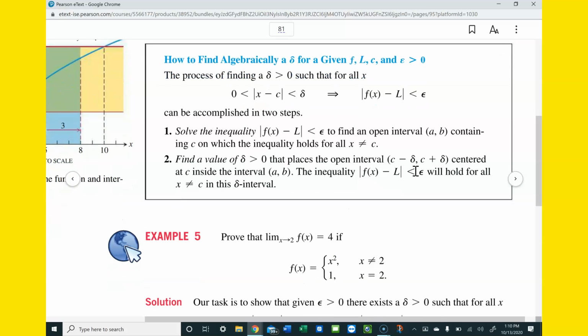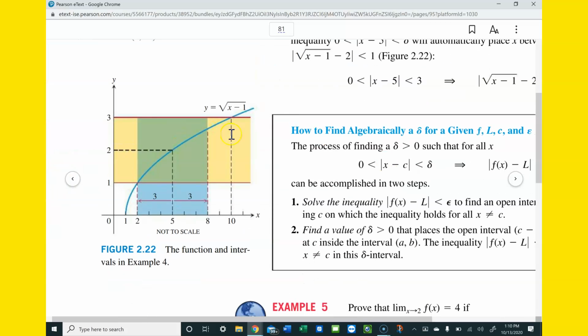This leads us to, let me just show you that before I get on to something else. This is the graphical illustration of what we just did algebraically. See, this is a curve, so it's not going to be a centered square thing. So here's 5, and if we want to be within 1 unit of 2, that takes us all the way out here and all the way down here.